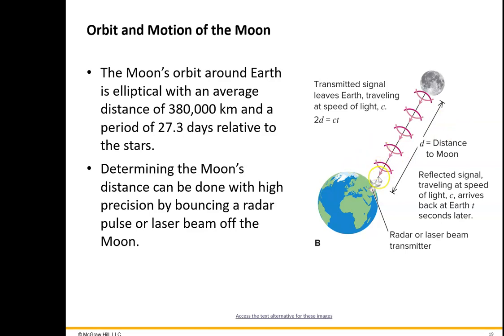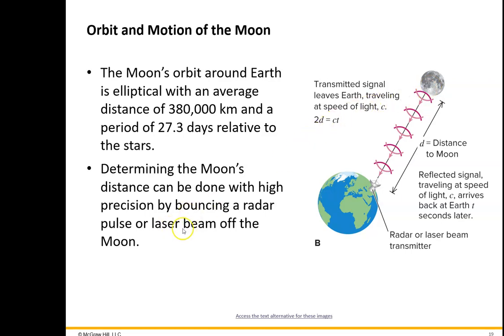The problem with radar, because it's a larger wavelength, is the uncertainty about what the distance to the moon is. When you solve this equation, you don't get a super precise number.